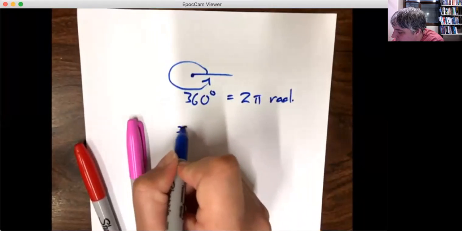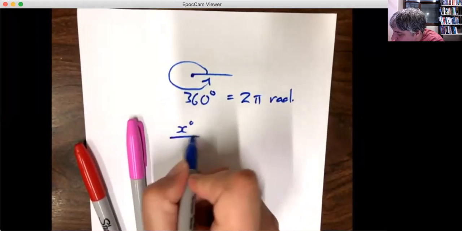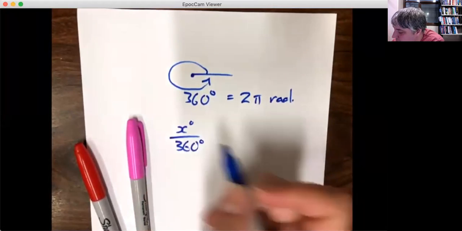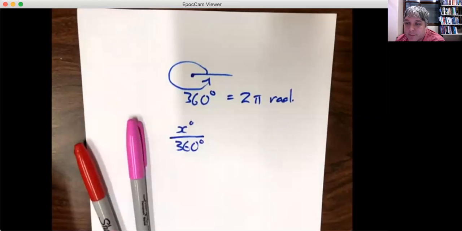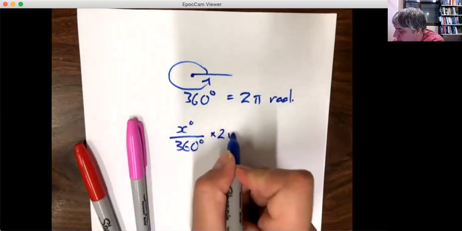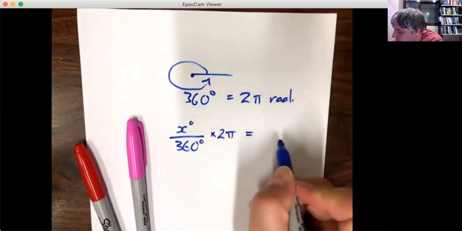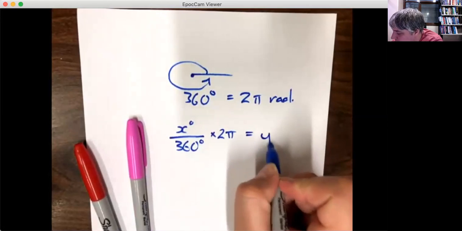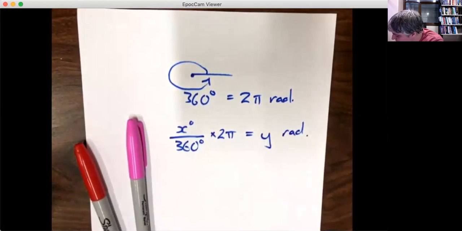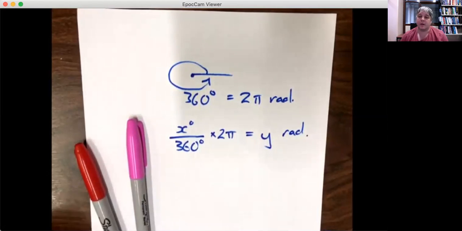So if you've got x degrees, then you want to divide it by 360 degrees, and that'll tell you how much of a full rotation you have, and then you just multiply it by 2 pi. And that will give you your angle in radians, y radians. So that's always true. Whatever your angle is, if it's in degrees, just divide it by 360 and times by 2 pi, and that will give you your angle in radians. Conversely, you can divide by 2 pi and multiply by 360 to go from radians back to degrees.